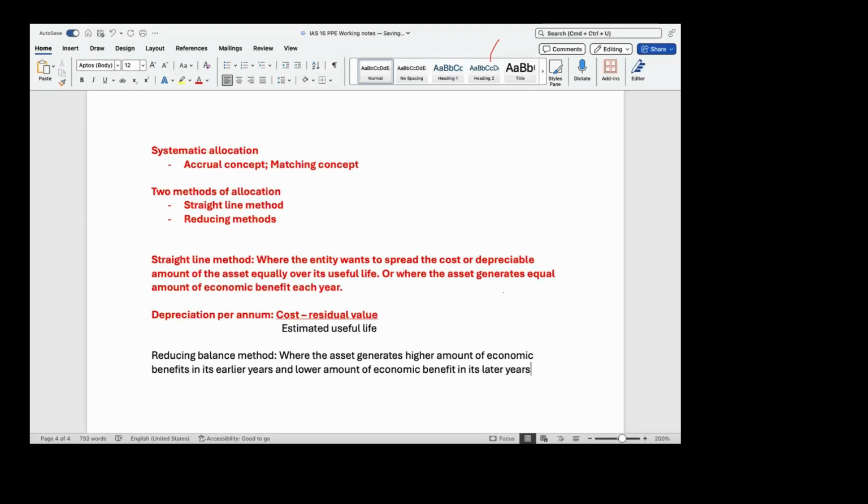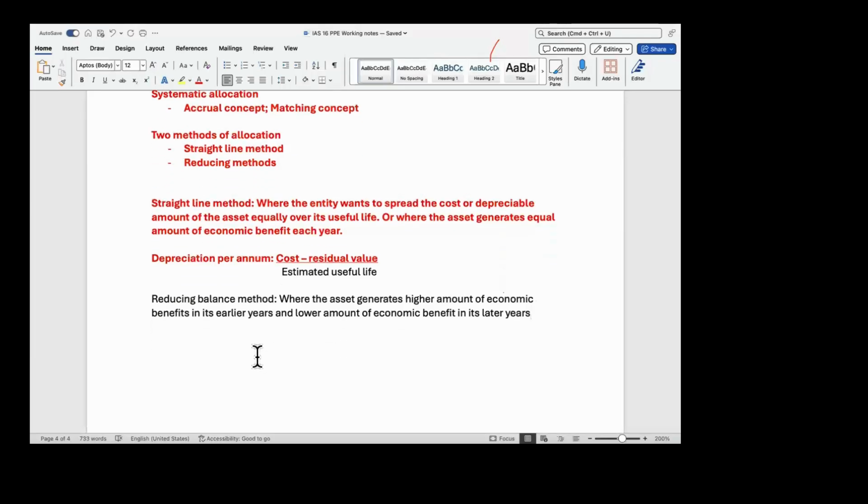That's where you use the reducing balance method. From the name, reducing balance, the depreciation will reduce as the years go by.